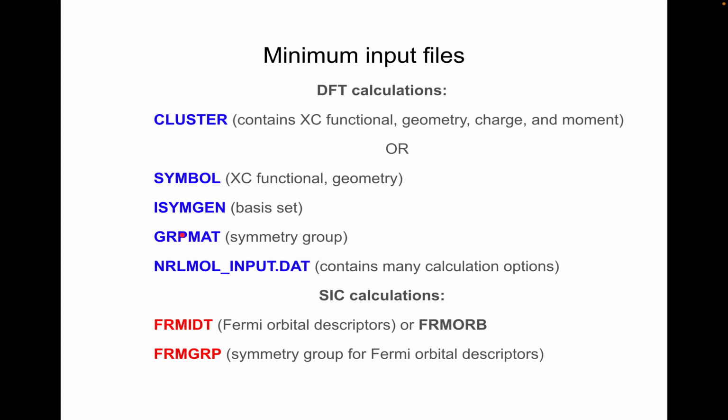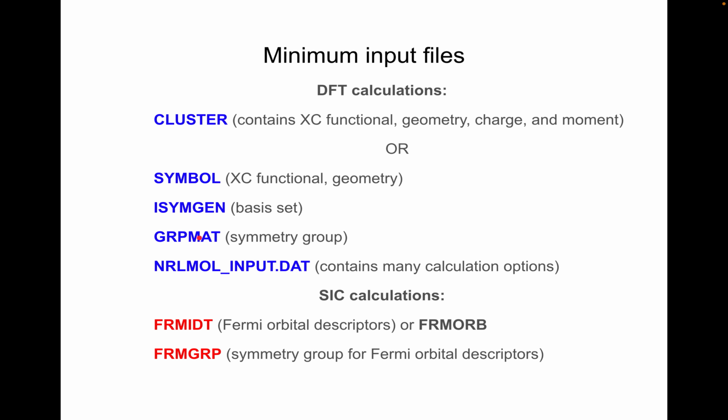Additionally, options can be specified in the NRLMOL input.dat. This file contains many calculation options that may be useful for your needs. And those are the files you need to run the DFA calculation.